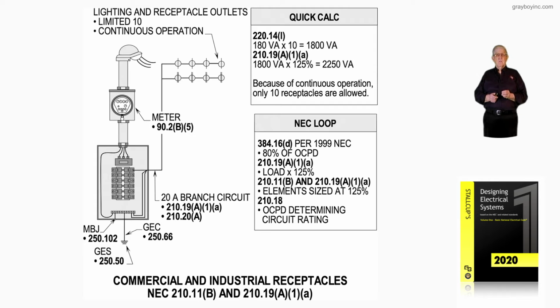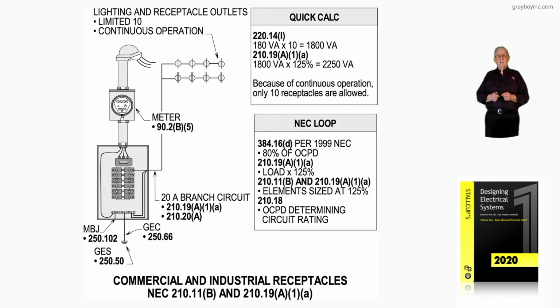So they did away with the 80% rule after the 1999 NEC, and they came up with 210.19(A)(1)(a) and said, no, take the load by 125% if it's continuous, and that derates the 80% loading. And then any other load, just take it at 100%, or with demands, whatever the code may permit.